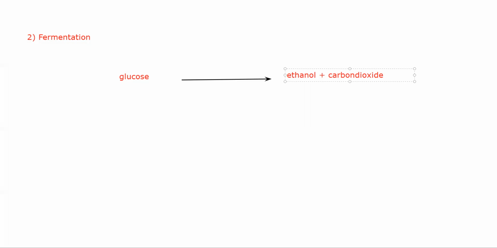And what are the reaction conditions for this? Temperature is about 30 degrees. Anaerobic conditions means no oxygen, and we use enzymes in the yeast. The pH also affects, because pH can also denature the enzyme.